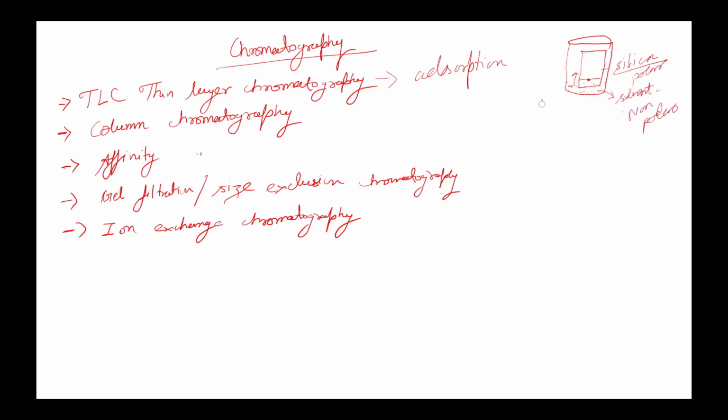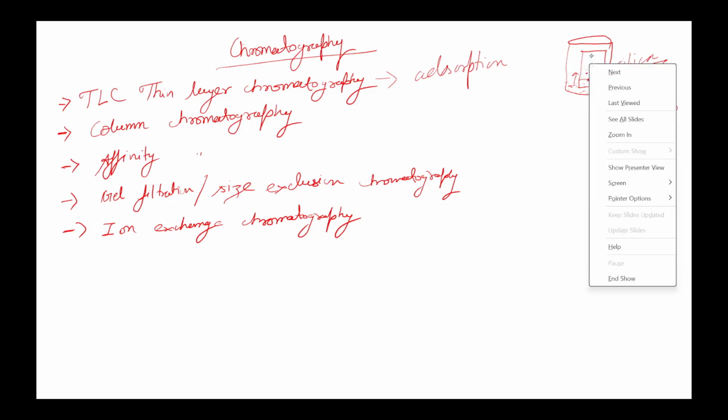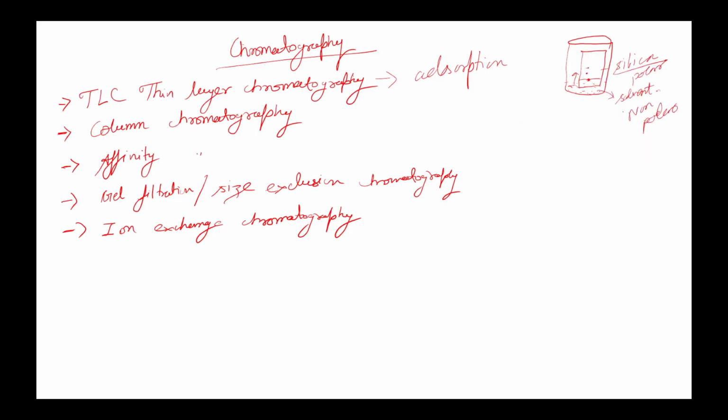The component with high polarity has more affinity towards the silica and won't be able to migrate much. The one which is not polar and has less affinity towards the silica keeps moving upwards with the mobile phase, because it has more affinity towards the mobile phase, which is also non-polar. That is how in TLC we separate the molecules via their polarity.